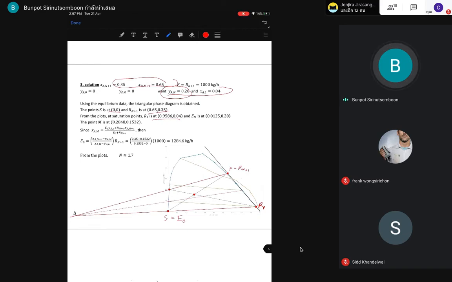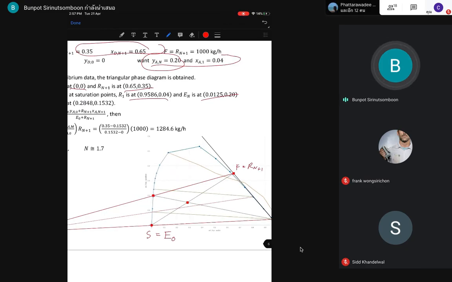And then En is also given, because we know the composition of the extract that leaves stage N. It says right here that it is point 2, so it should be this point right here.